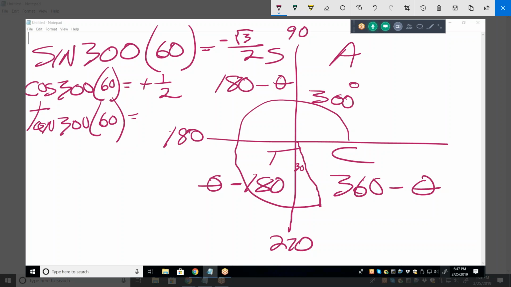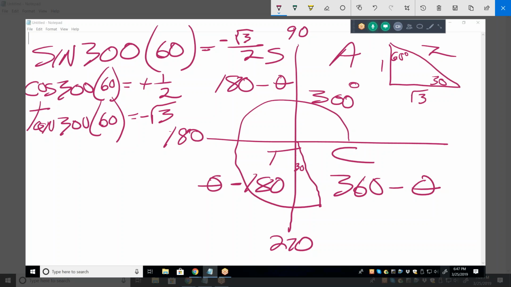Tangent of 60 would be root 3. Root 3 over 1, okay? What's its plus or minus sign? Negative.